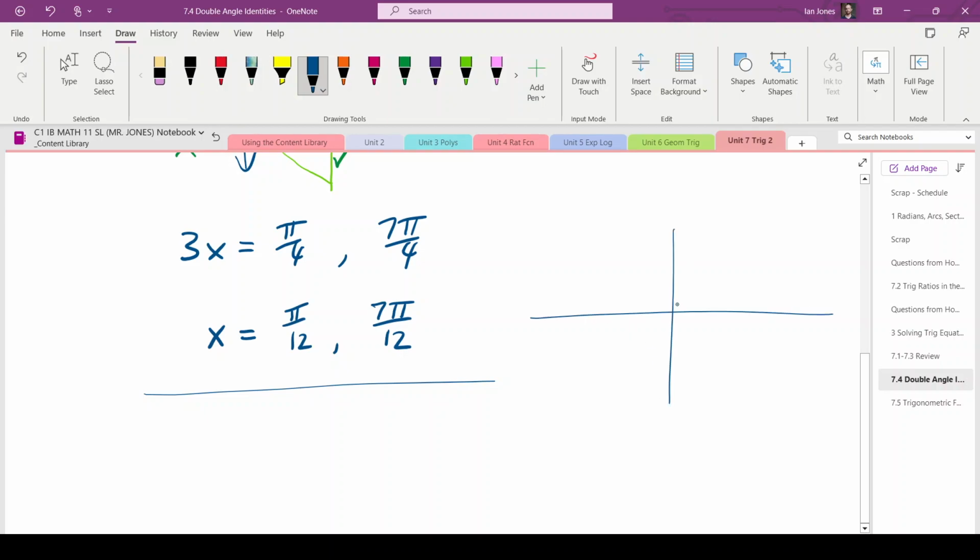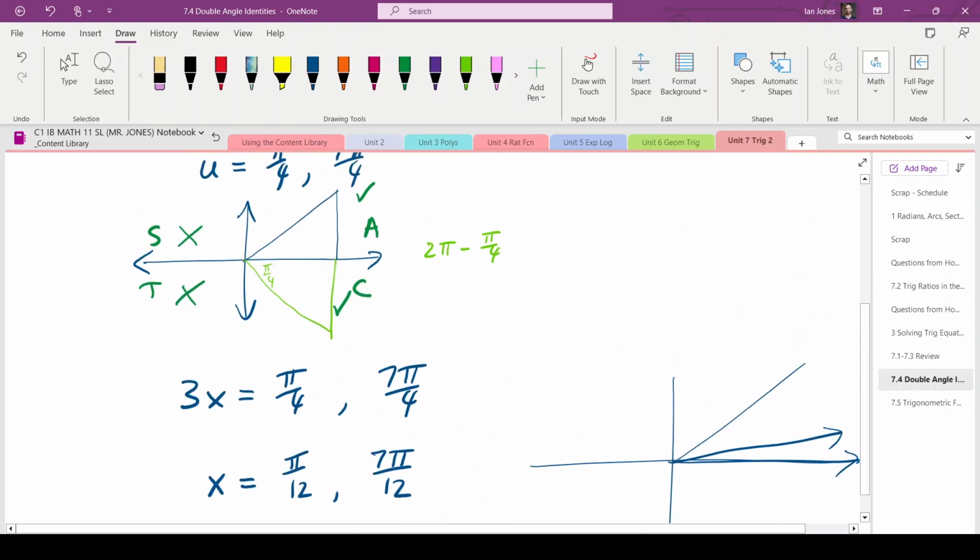Pi over 12, well, that's pi over 4 divided by 3. That's a very small angle like this. 7 pi over 12, well, that's 7 pi over 4 divided by 3. 7 pi over 4 is this right here.